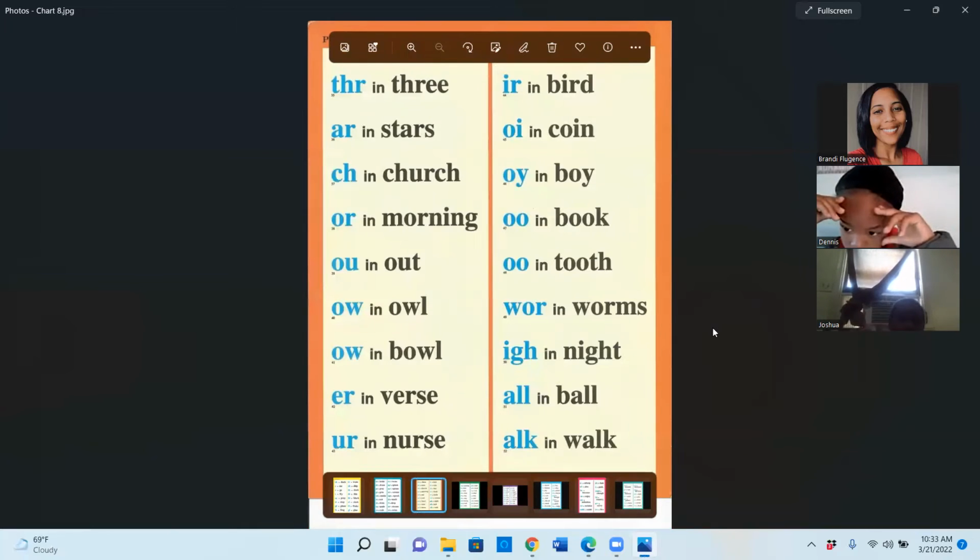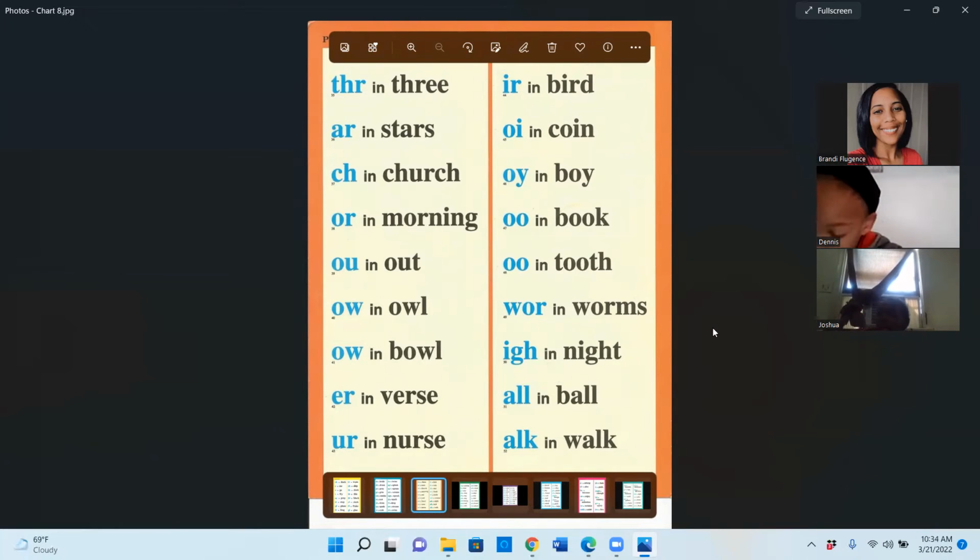OW says o in bowl. ER says er in verse. UR says ur in nurse. IR says ir in bird. OI says oi in coin. OY says oi in boy.